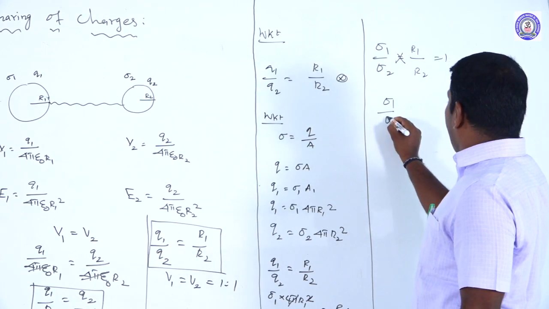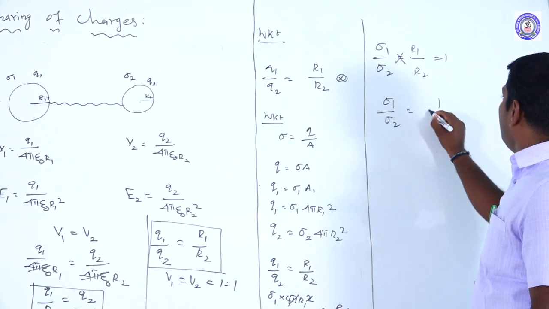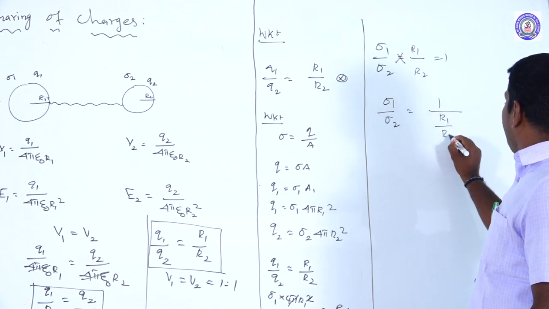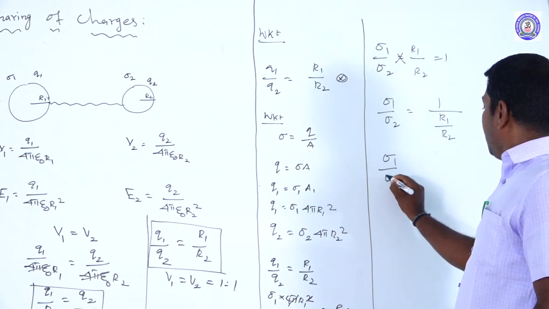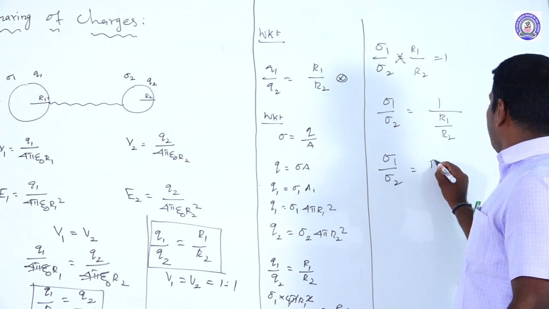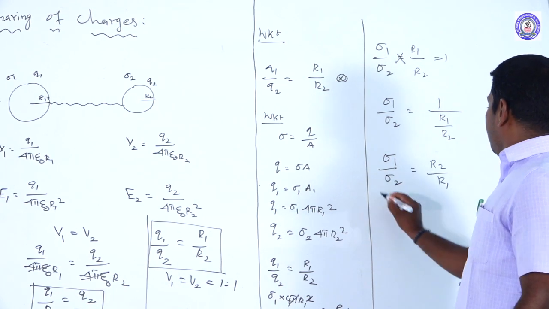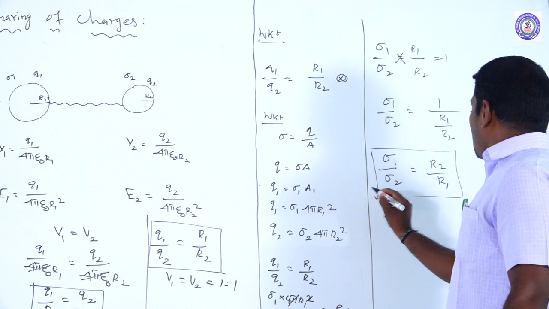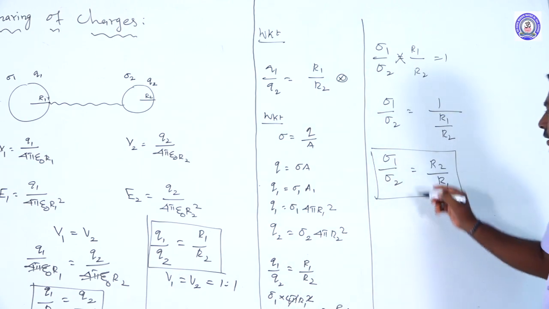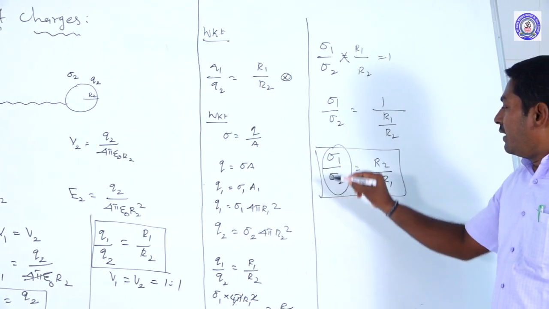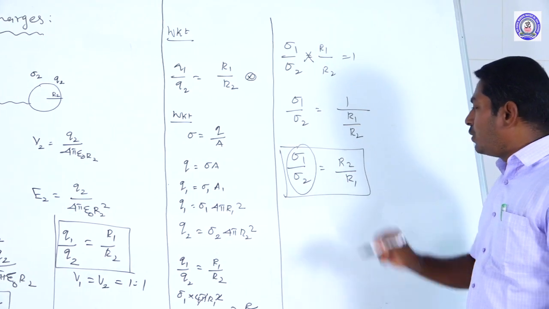Then sigma 1 divided by sigma 2 is equal to R2 divided by R1. So in redistribution of charges, surface charge densities are in the ratio R2 divided by R1.